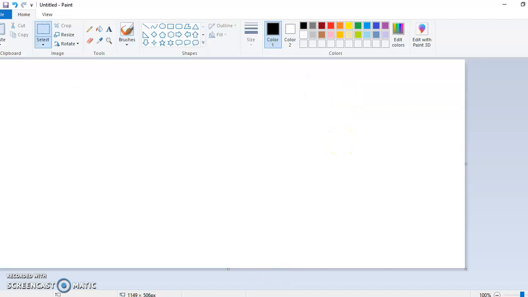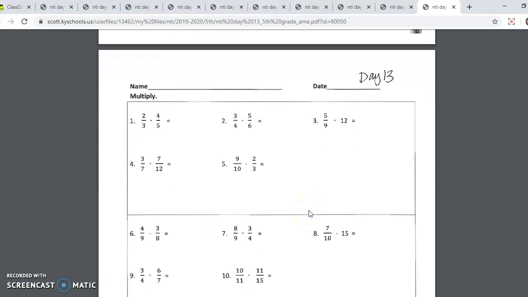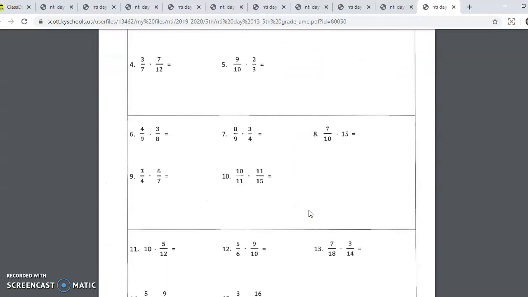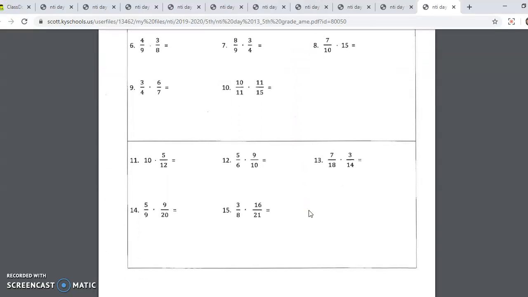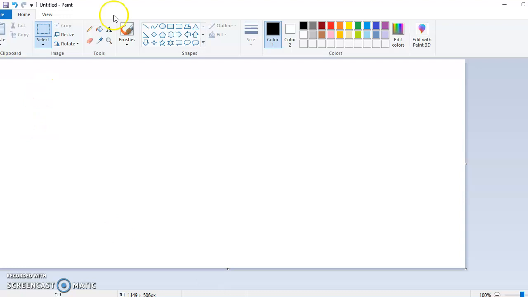I'll go ahead and do another one with you. Okay, let's see here. See if there's anything funky. Let's see. How about 3/8 times 16/21? This one's a little bit harder just because of the bigger numbers.